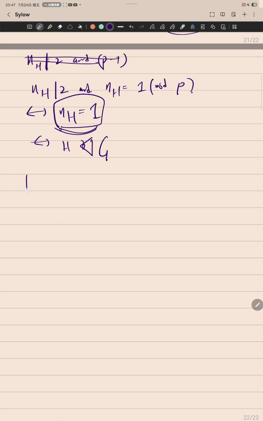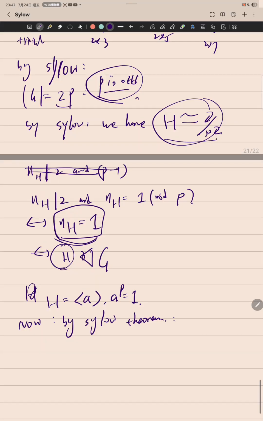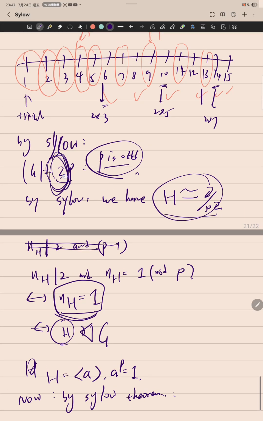Okay. So now let's take H. This H is generated by, let's say, an element A, with A to the p equal to 1. Now by Sylow theorem, we also have an element of order 2.